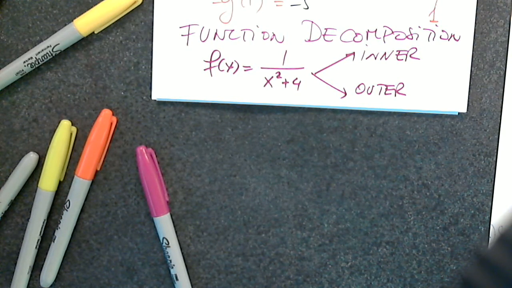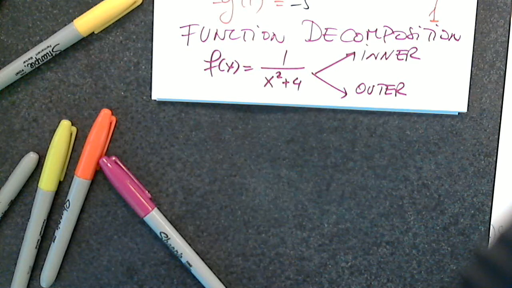What do you think? There is more than one correct answer here. What will be the first function that you apply to x? If you want to evaluate this function for x equals 10, where would you look first? Okay, look at this function and imagine that you evaluate it for 10. What will you do first?